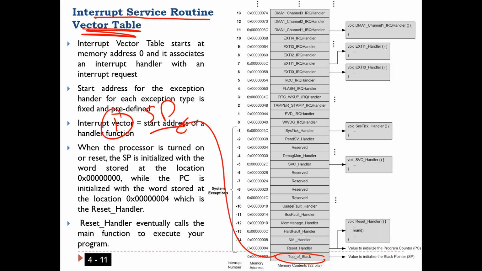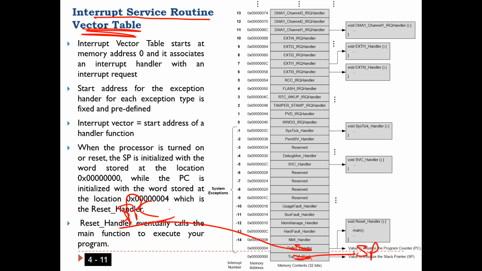Number 2, whatever you have here is going to go to the PC, program counter. This is done automatically. And actually, whatever is here is the reset, and the reset has a subroutine. So every time you reset your processor, you are going to go to an interrupt subroutine for reset.